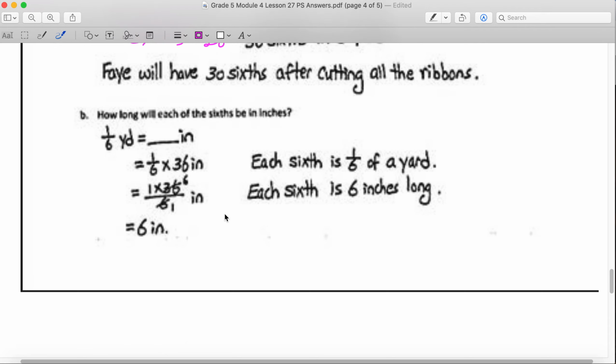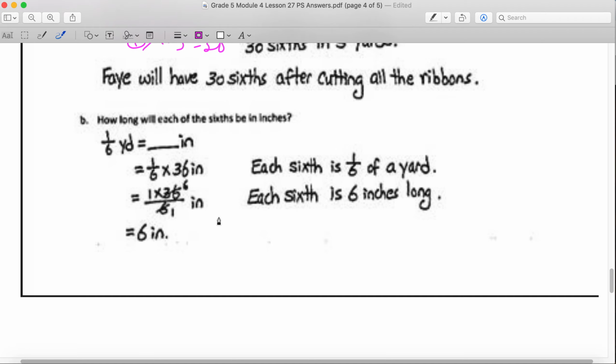All right. How long will each of the sixths be in inches? Oh, I love it. So it's 1/6 of a yard. Again, 1/6 of 1 yard, right? Which is really 1/6 of, well, we don't want yards, you want inches.